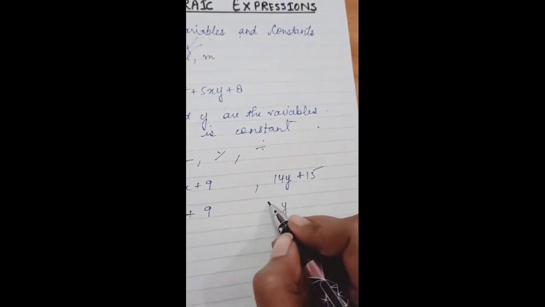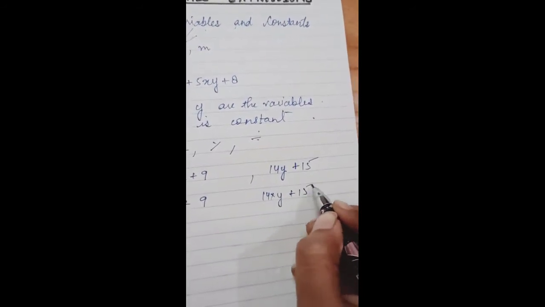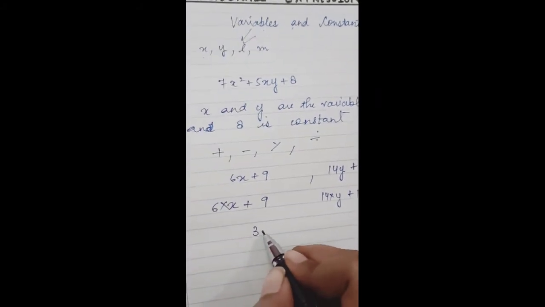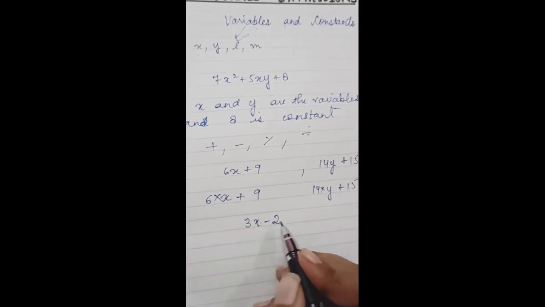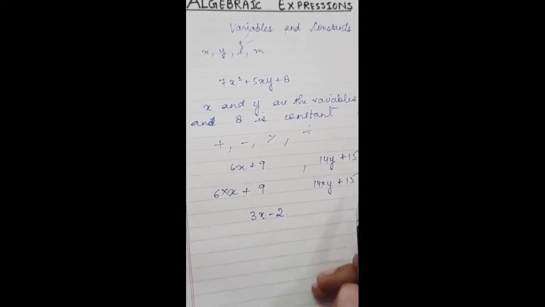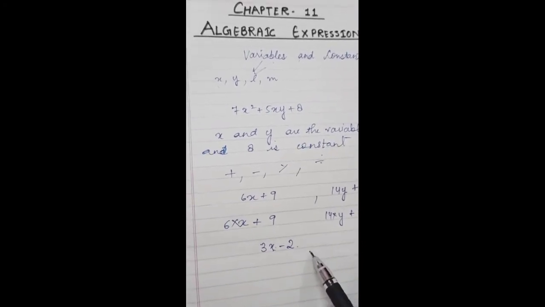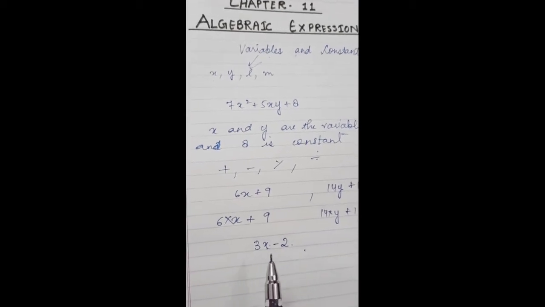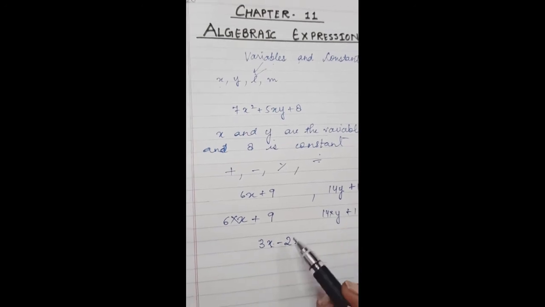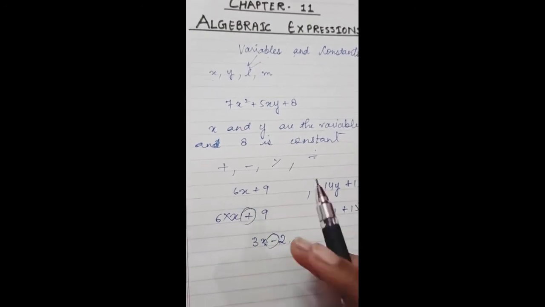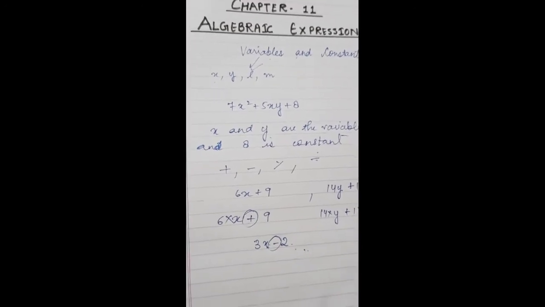That y is multiplied by 14 and added to 15. 3x minus 2: x is multiplied by 3 and 2 is subtracted. So these all are algebraic expressions, formed by combining variables and constants with the help of addition, subtraction, multiplication and division.